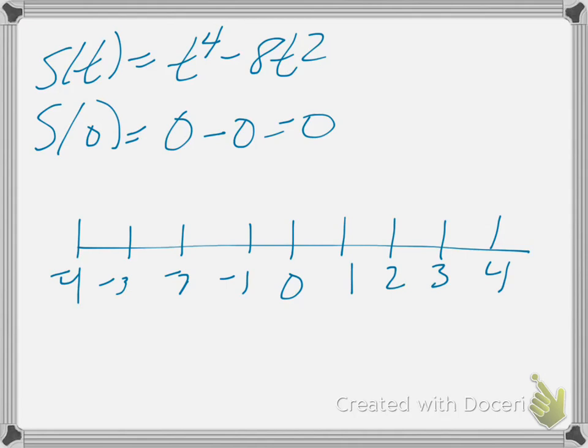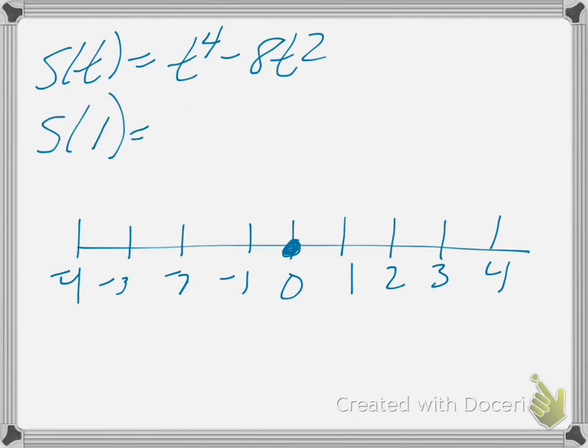So that means at 0 seconds, before anything even started, here's where I am. I'm at 0. Okay, so where was I after 1 second? I plug 1 in, and I get 1 minus 8, and that's negative 7. So that would be down here somewhere. So that means I went from 0 to negative 7. So that means my velocity was negative because I went in a negative direction.